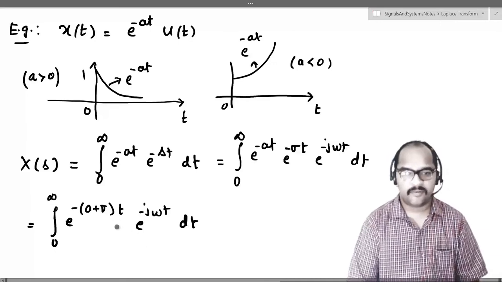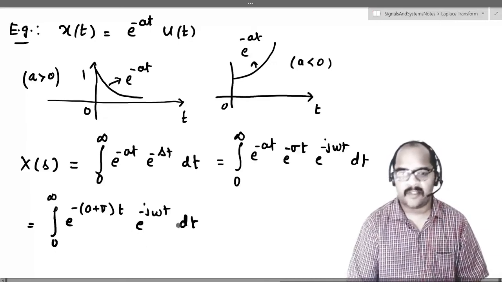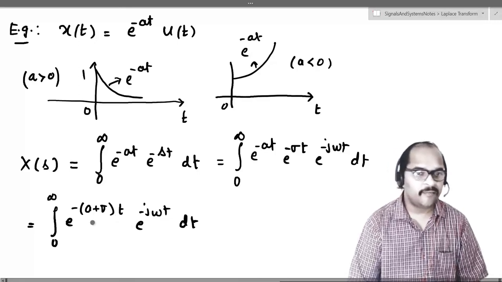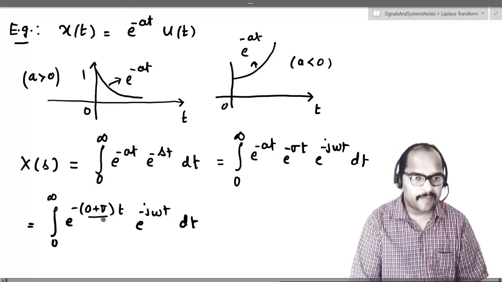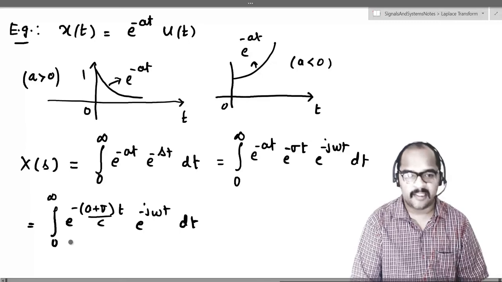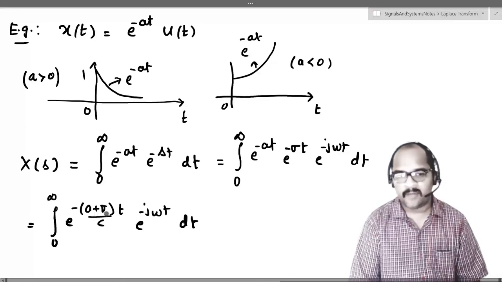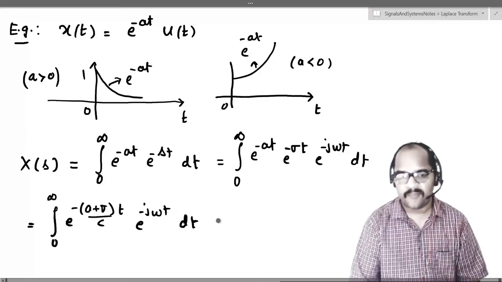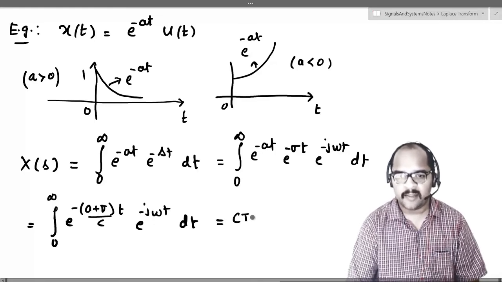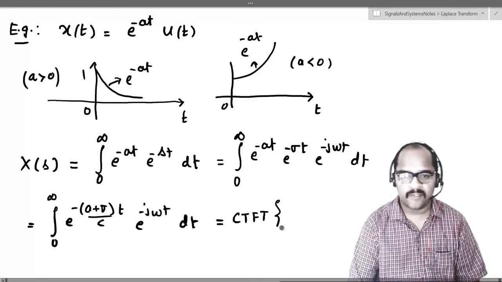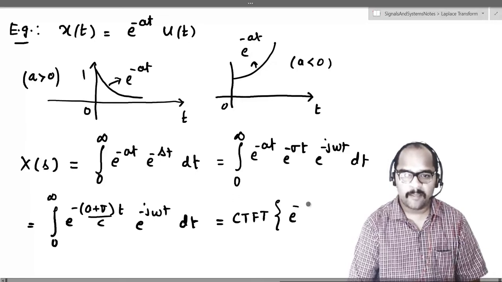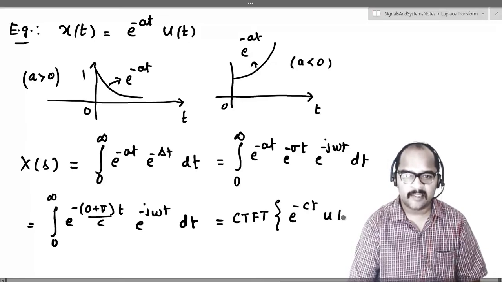Yes, so by looking at this equation, something should strike. Let's assume that a plus sigma is some c. So definitely this is nothing but the CTFT of which signal? E power minus ct u of t, correct?